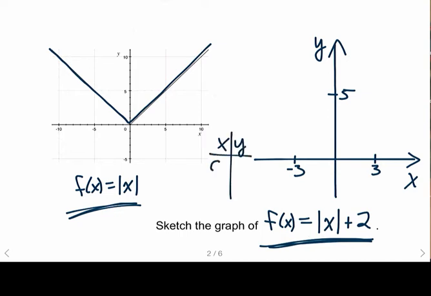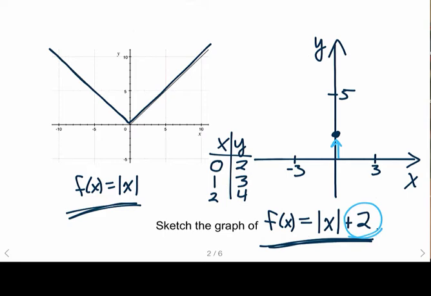The absolute value of 0 is 0, plus 2 gives me 2. If I input a 1, I get a 3. If I input a 2, I get a 4, etc. Or I can recognize that the shape is the absolute value graph. The plus 2 is going to mean that the previous shape that we had is going to be moved up 2 units.